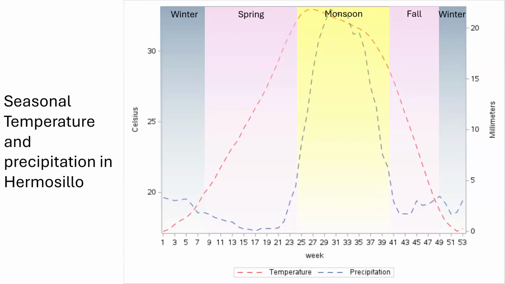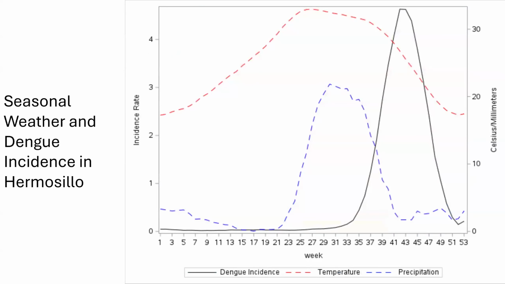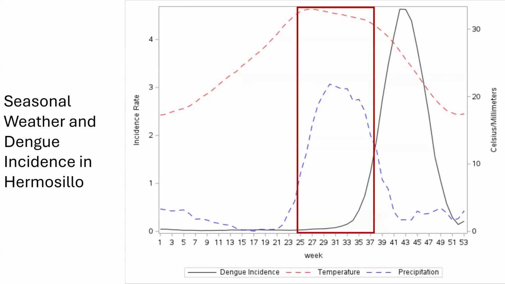But this is the threshold, kind of between 14 and 16 degrees, when mosquito development and mosquito survivability is heavily affected by temperature. So when we take this seasonal data and we look at what happens on average with dengue cases in Hermosillo, we see something like this. So what we're seeing is our North American monsoon happening here in June, July, and August with our peak in temperature, our peak in precipitation.